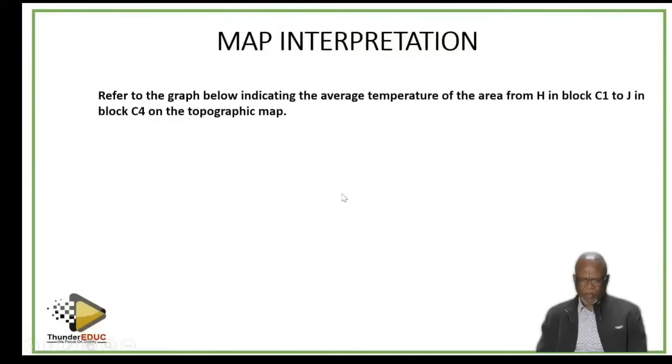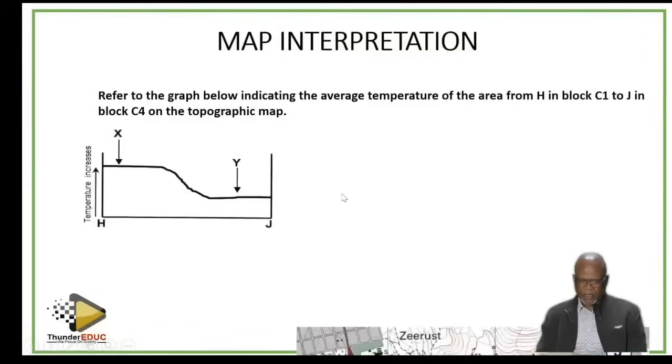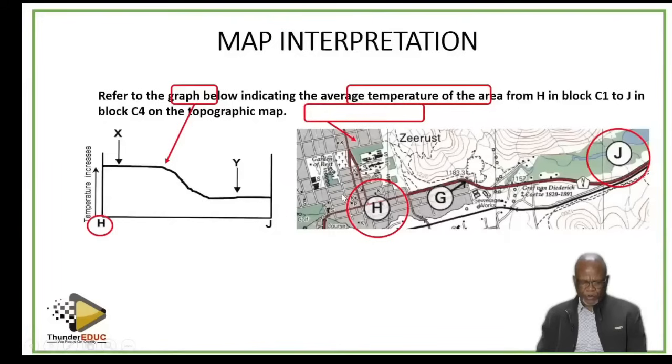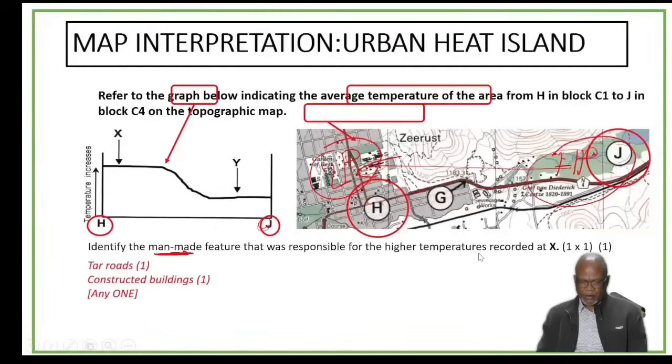Let's continue with our interpretation. It's the same diagram that we are looking at. Now we're looking at the factors. Explain your answer to the previous question. We were simply identifying.